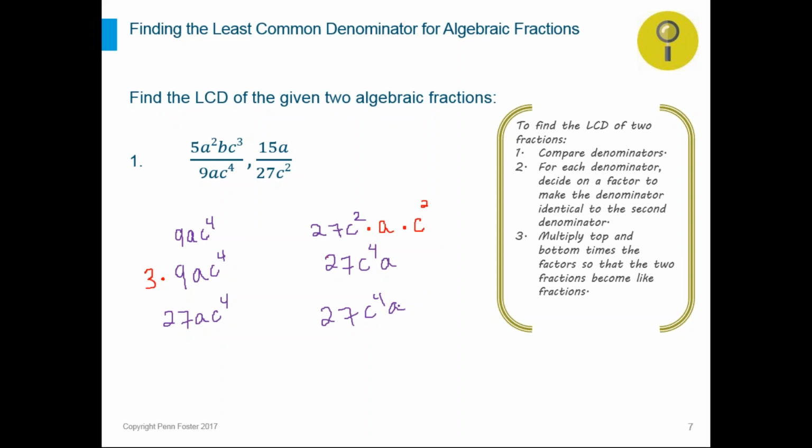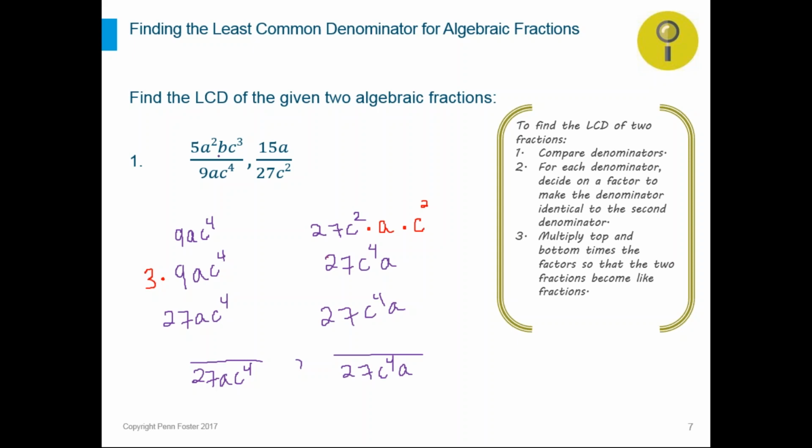So if you are asked in the exam to find the LCD, what they're asking you to do is to find the common denominator. Okay, so let's bring in the new denominator in our fractions, because we took out those denominators and did some work on them, but we have to bring it back to the actual fractions. So I have 27ac to the fourth, and also I have 27c to the fourth a.